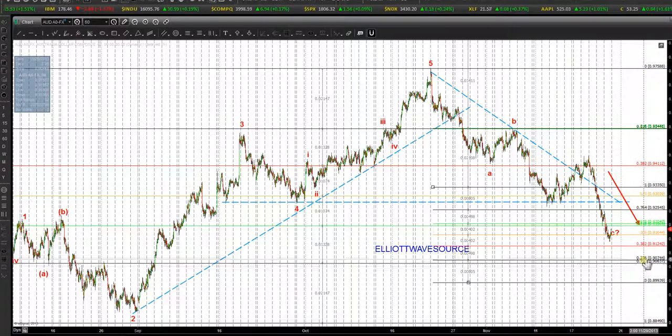So we could see prices push lower towards that level. So we should just see a slight correction for wave 4, and then prices push towards that 0.90 level, between 0.90 and 0.905.